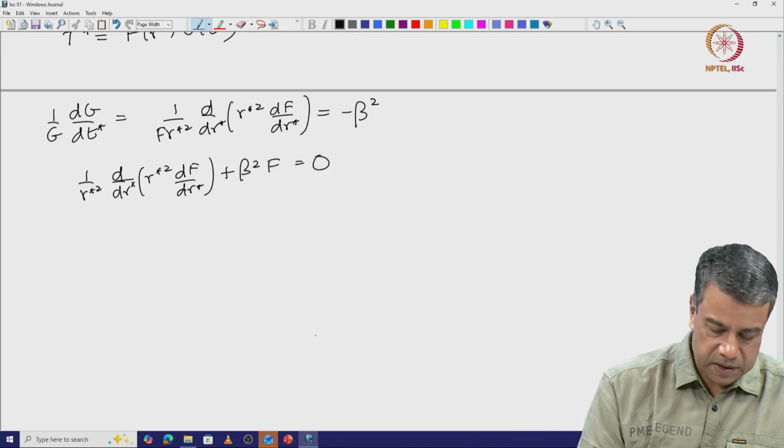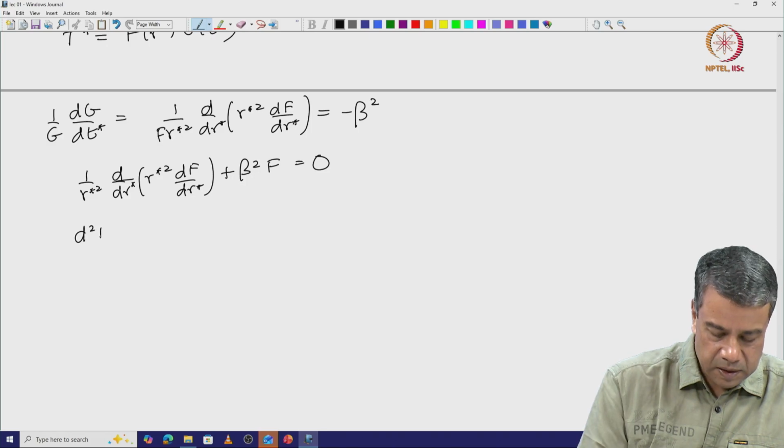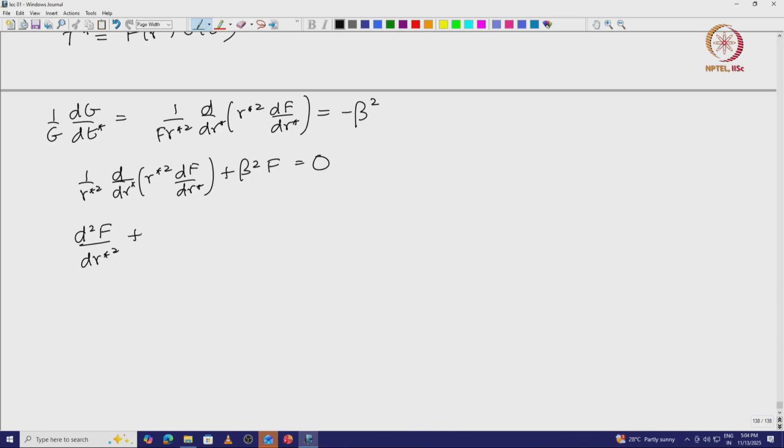Alternatively, you can write this as d square f by dr square plus 2 by r df by dr plus beta square f equal to 0, since the derivative of r square is 2r.